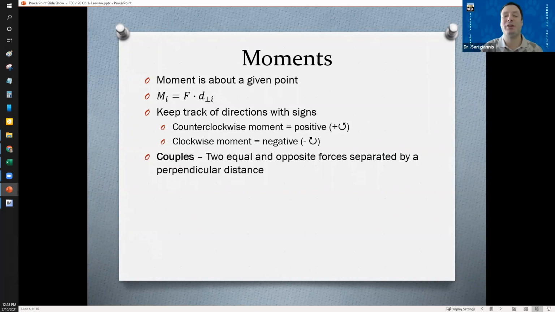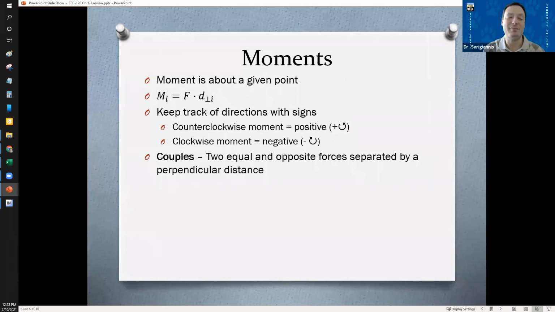Be consistent with your directions. If you always just use counterclockwise as positive and clockwise as negative and never switch them, you'll be fine remembering that. And then follow your sign conventions, right? Add counterclockwise moments, subtract clockwise moments, and you'll get the correct moment. And if the answer is negative, it's clockwise. If the answer is positive, it's counterclockwise.